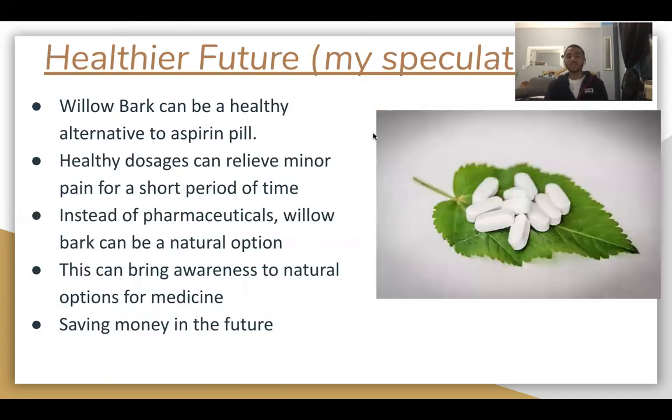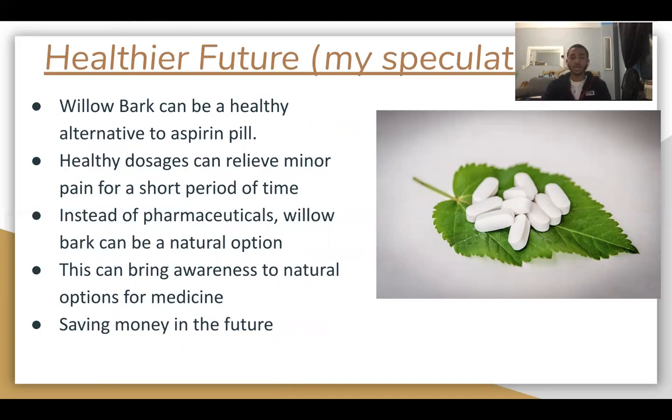While thinking of the future, I believe that willow bark can be a healthy alternative to aspirin, because studies show that when you take too many pills, it can harm your body, it can harm your liver, and it could just overall be unhealthy to take too many pills at a time, and too many doses, like high doses, would be harmful for your body.